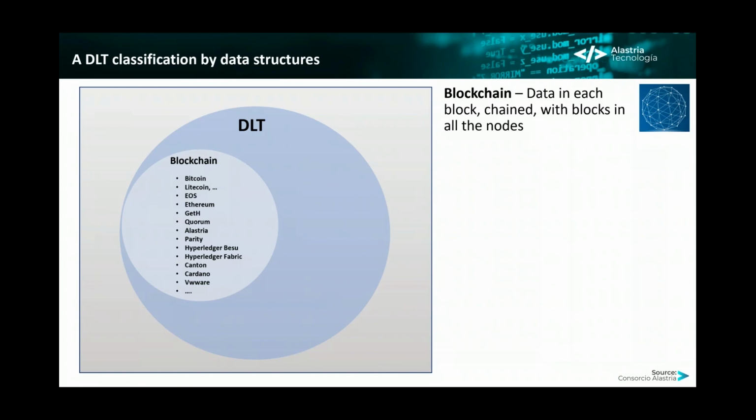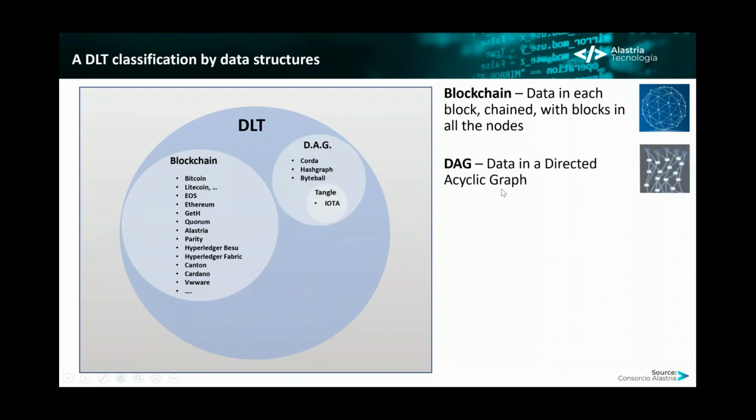But keep in mind, the second thing that you can select is, okay, I need more throughput, then I'm going to use a directed acyclic graph type of platform, like Corda or IOTA or Hashgraph, things like that. The data here is not chained, it's in a multiple graph. That also implies automatically that you can imagine the speed of this system is higher than the previous one.